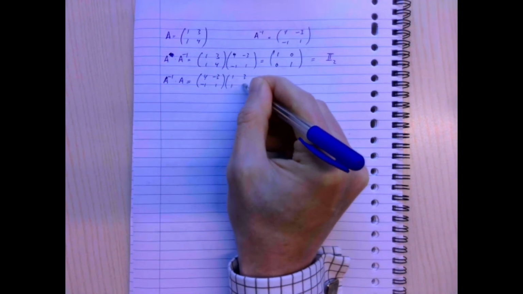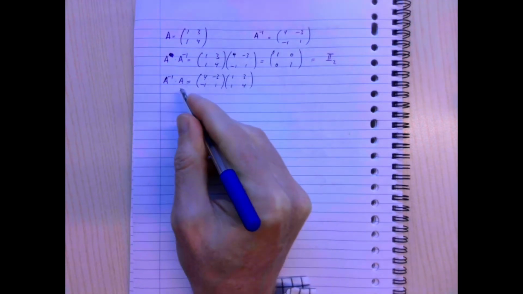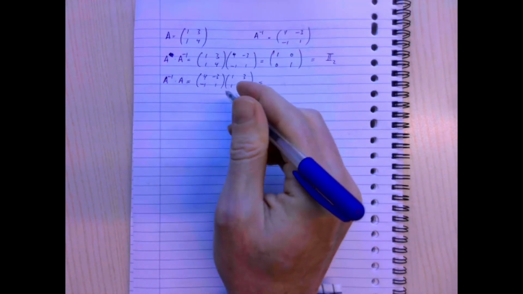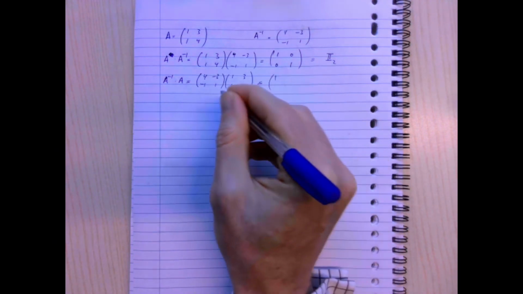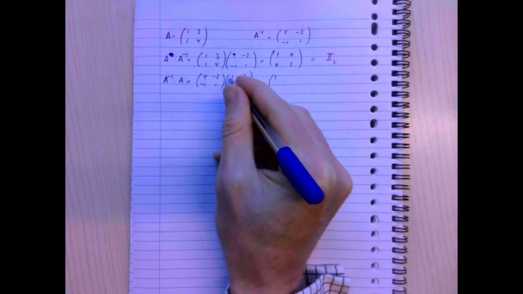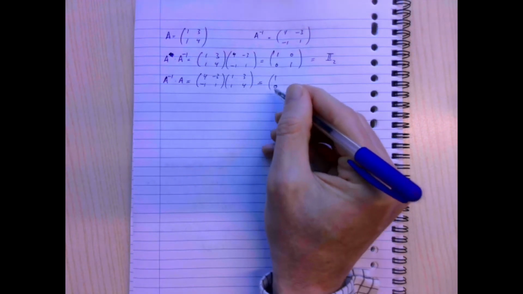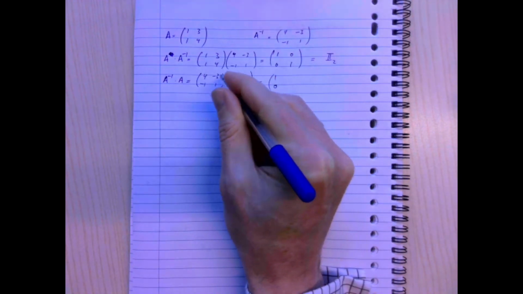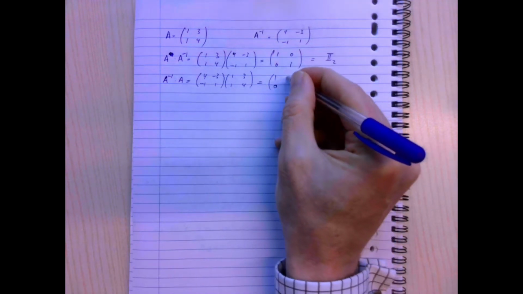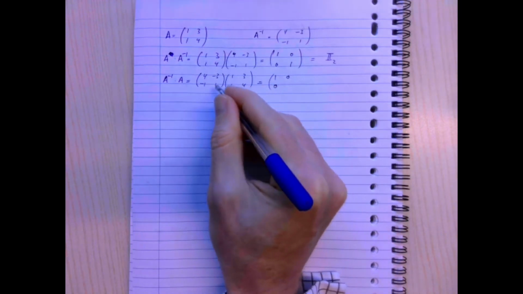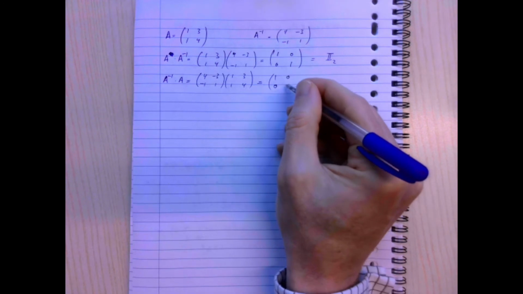So this is A inverse times A. So let's again do this. 4 times 1 minus 3 equals 1. Minus 1 plus 1 is 0. Sorry, 4 times 3 is 12 minus 3 times 4, minus 12, 0. Minus 3 plus 4, that's plus 1.